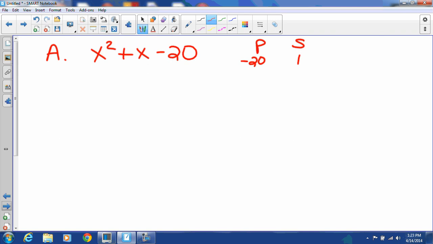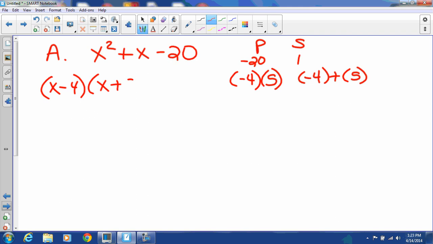So my two factors must be, the absolute value must be 1 apart if the sum is 1. So I'm thinking of negative 4 times 5 gives me a product of negative 20, and negative 4 plus 5 gives me a sum of 1. Therefore, my factored form is x minus 4 times x plus 5.